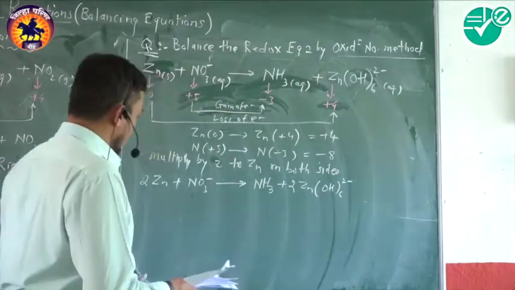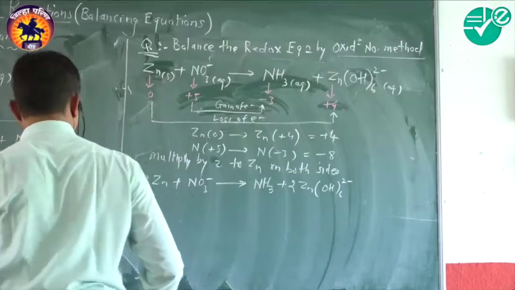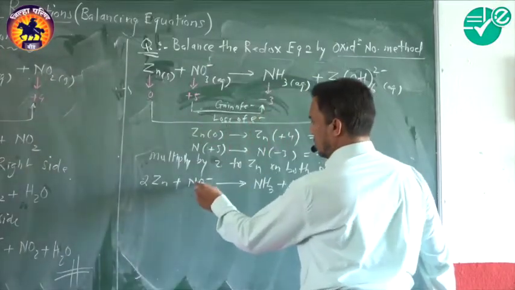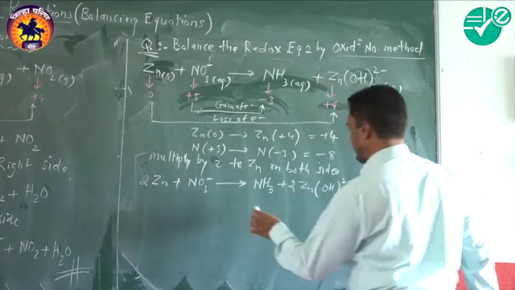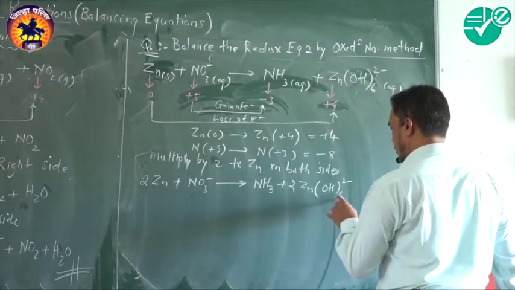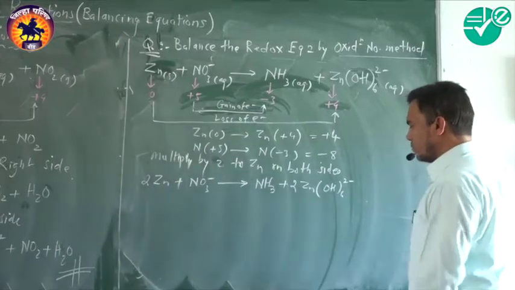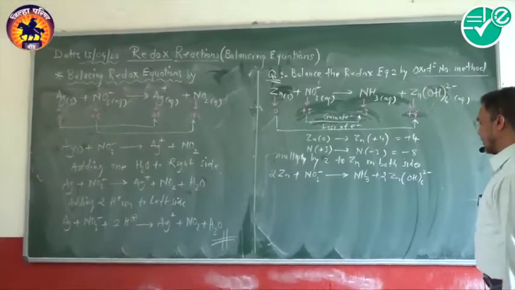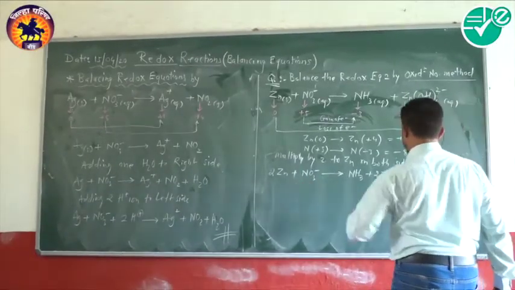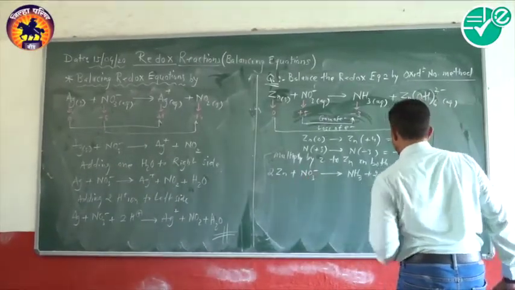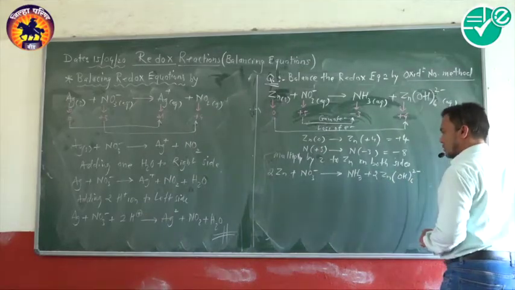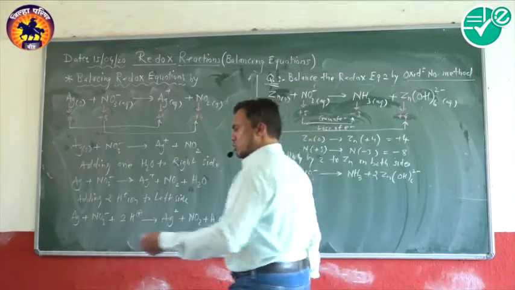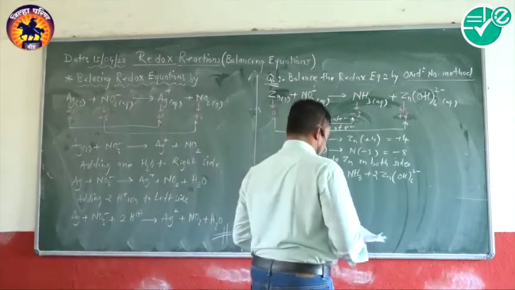Now we have to move to balancing the oxygen and hydrogen. Check the oxygen. Total number of oxygen here is 3. Here total number of oxygen is 12. So we have to balance the oxygen on the left hand side. Here 3 and here total 12. That means we have to add 9 H2O to the left hand side.